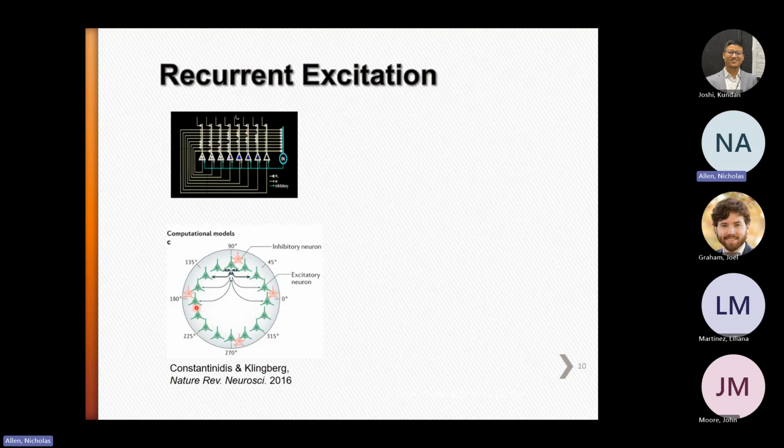And this is in fact a more realistic circuit of what it would look like. Again, each one of these triangles represents a single neuron, and these neurons are arranged in this circle depending on the location each neuron prefers.